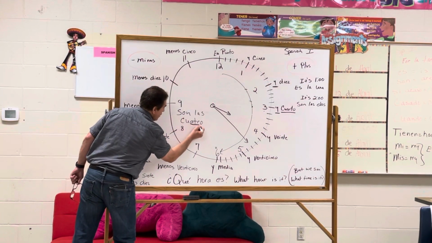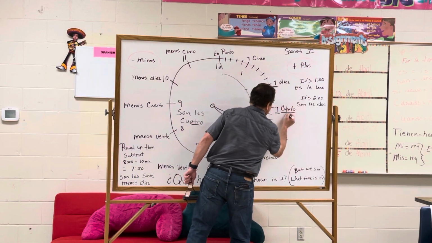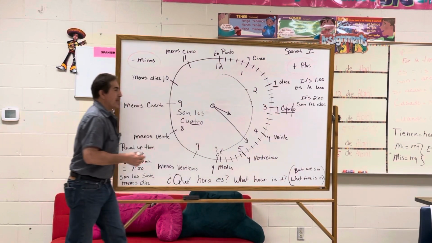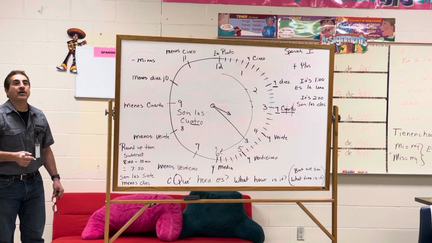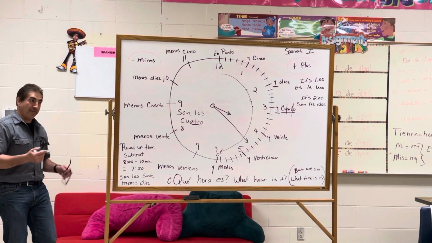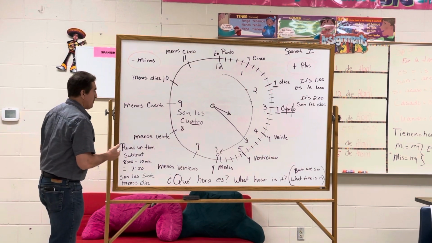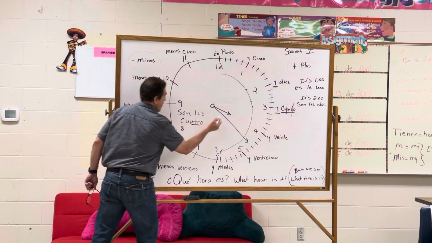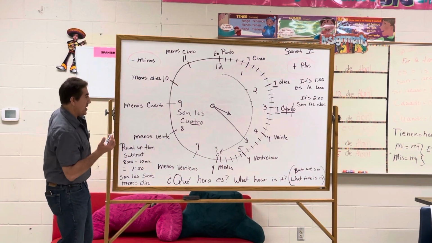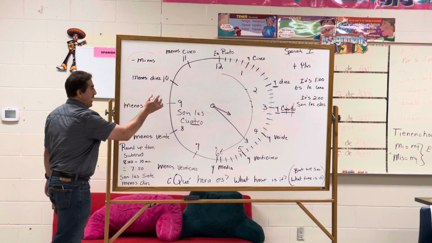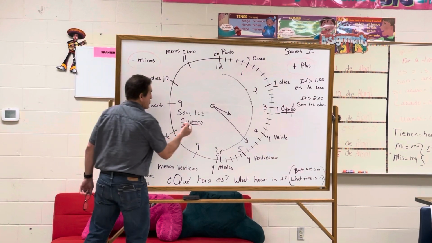Look at the 4, and look at cuarto. You're gonna have to really think about it. Because if you spell it cuarto on the test, you're saying the hour and then the quarter hour. You gotta be really careful with it.